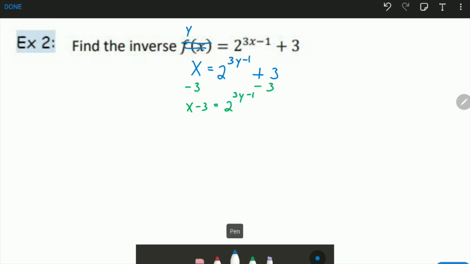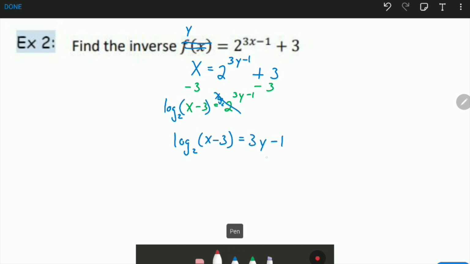Now we need to get rid of the base. Remember, to cancel out the base, we use a logarithm. So we are going to do log base 2 on both sides, putting stuff in parentheses. On the right side, log base 2 and 2 to the power cancel. So we have log base 2 of x minus 3. We need the parentheses because there were two terms. Equals 3y minus 1.